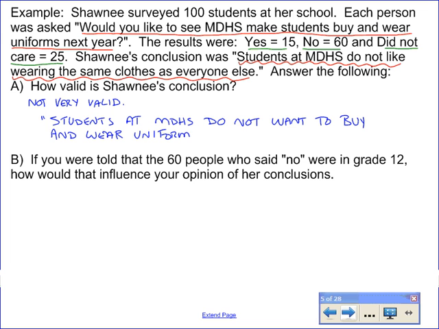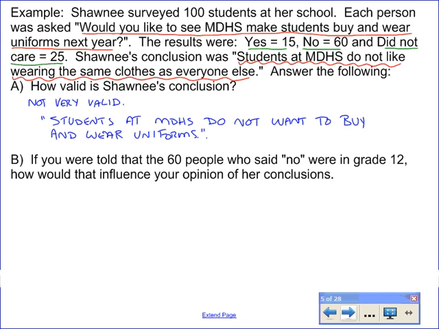That's the conclusion that should have been made, instead of talking about everyone dressing the same. Okay, everyone wants to wear T-shirts. That's not what her survey asked. Her survey was specific to the uniforms, not to whether people like dressing the same as everyone else.